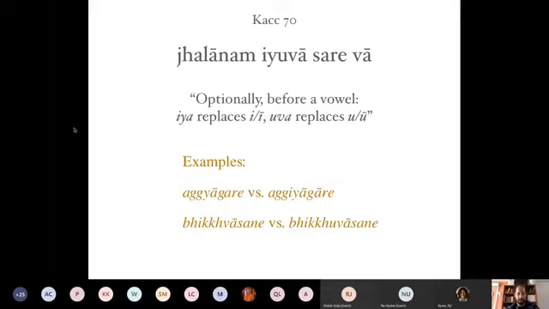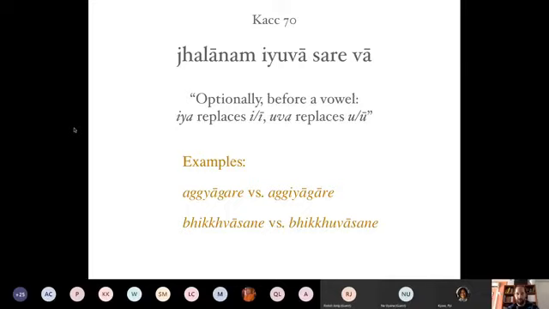Examples. That's the examples that are given in the Kaccayana vutti. As you can see, they are a little bit problematic, but we are not going into this now. From agyagare, where you only have an i that has become iya because of another rule of replacement, you find agyagare with the iya replacement. And instead of bhikkhu asane, you find bhikkhuvasane.